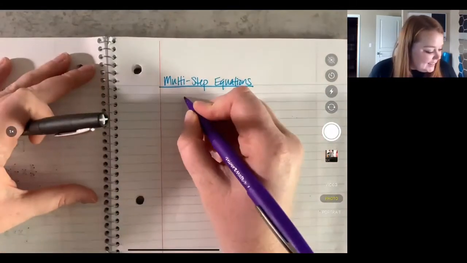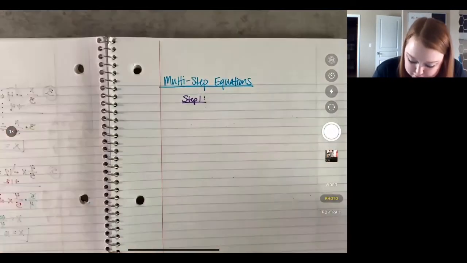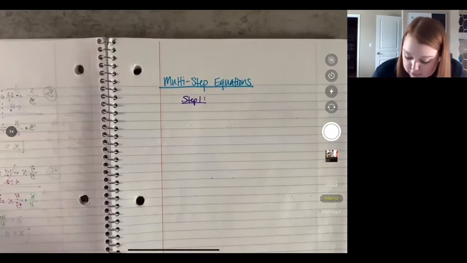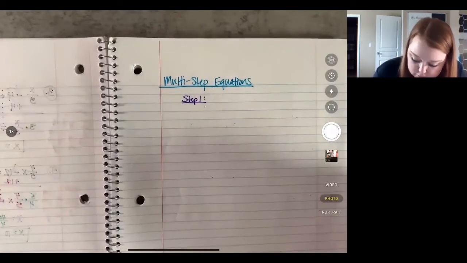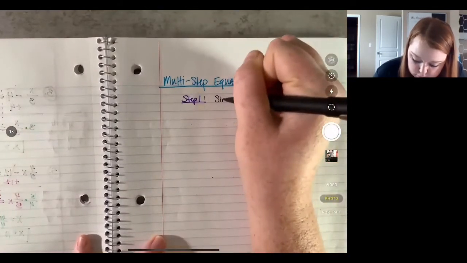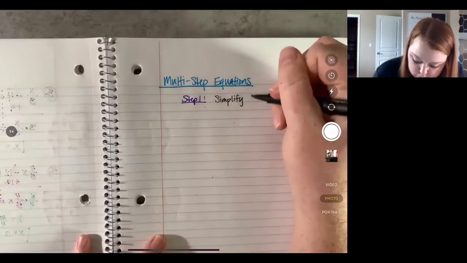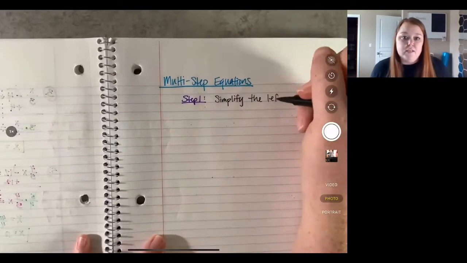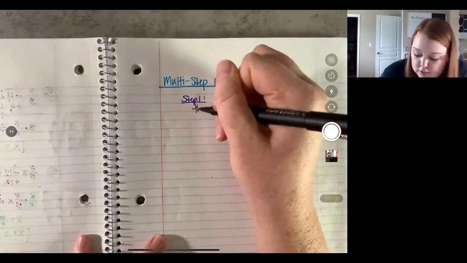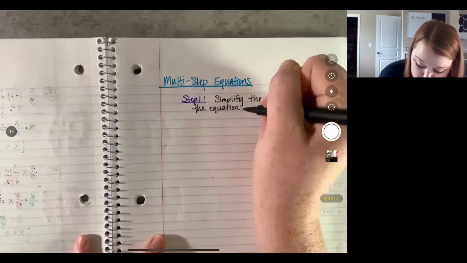Step 1 is to simplify the left side of the equation, then simplify the right side of the equation.